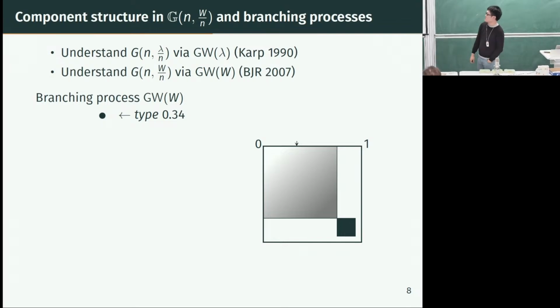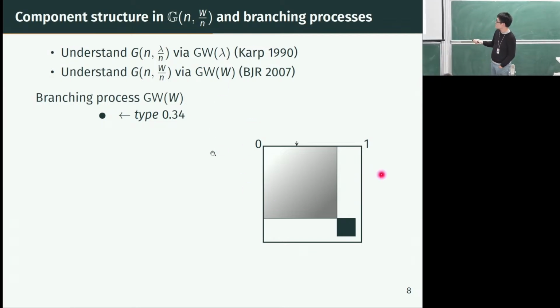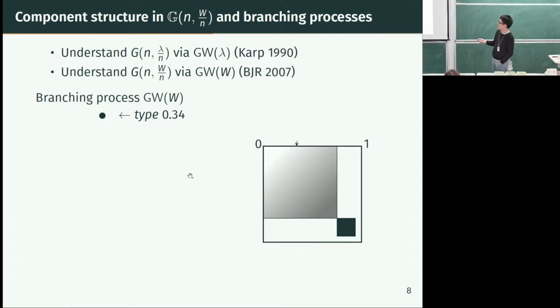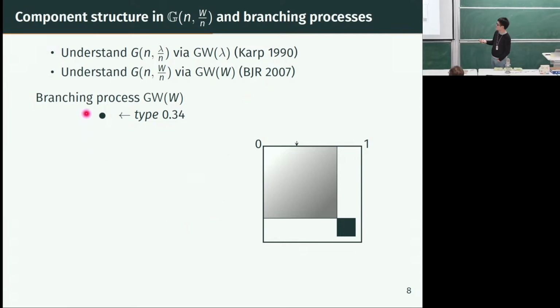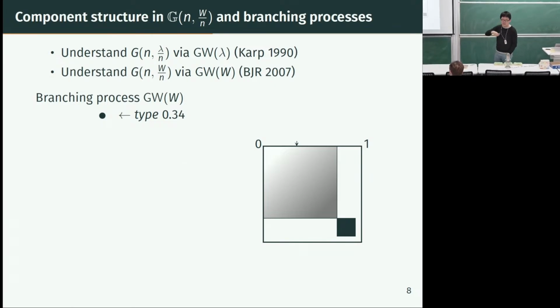So as before, we have this kernel W, which I have drawn over here. And we have a starting vertex, as we had before with the Galton-Watson branching. But the main complication that arises when working with a kernel, where things are a bit less clear-cut, is that recall we did this thing with the sampling of a random xi for each vertex. So things get a bit more complicated in that you need to decide what sort of vertex this is.